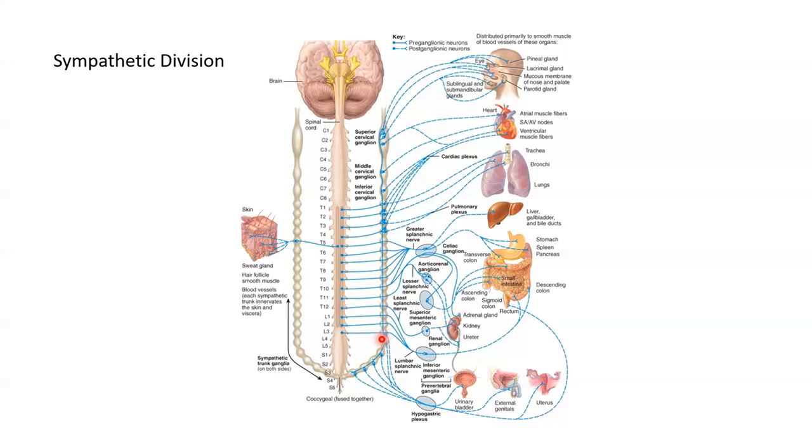So everything diaphragm up, so think head, neck, shoulders, and heart. The ganglion for those effectors are called our trunk ganglion or the vertebral chain ganglion. So they lie in a vertical row either side of the vertebral column. So you can see that here and you can see that here.